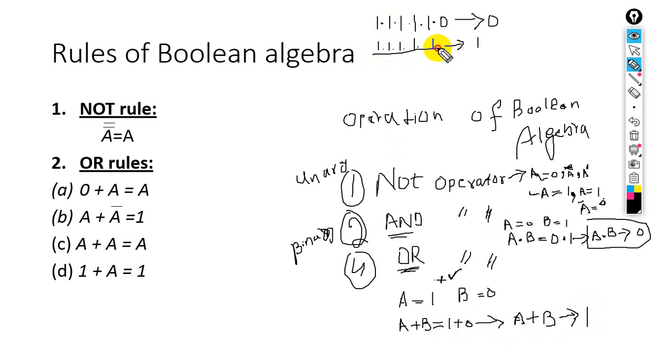Now when we have this OR operator, for example 1 or 1 or 1 or 1 or 1, the result will be equal to 1.